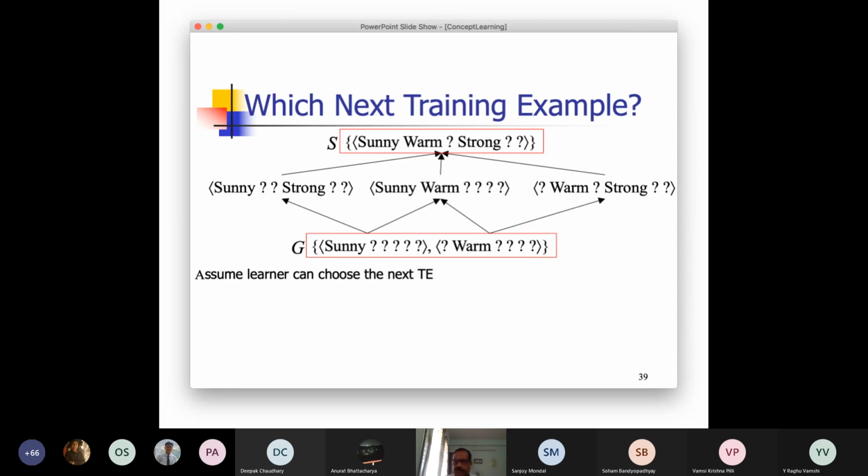Now, a few issues today we would like to discuss about this algorithm once again. On top of that, we would like to also discuss some general issues in learning with this example, because concept learning is a very good example which reflects various issues of learning.